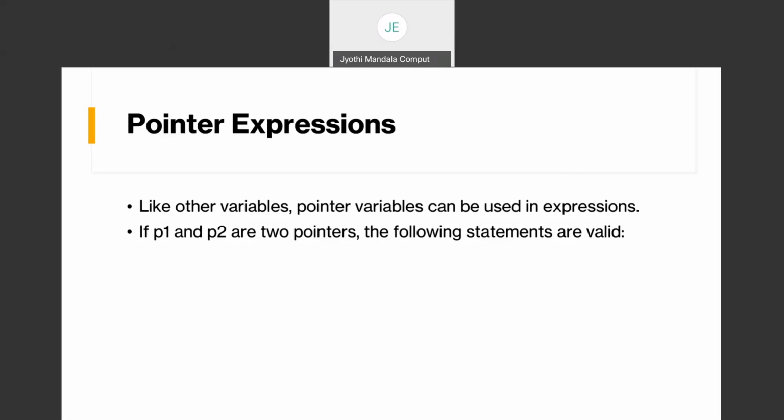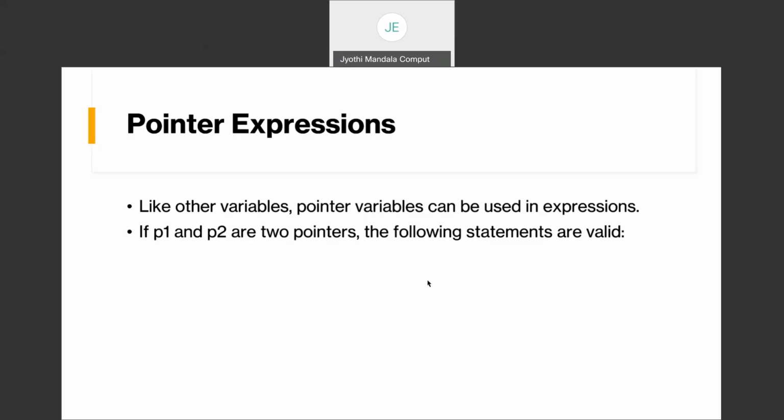Coming back here, a pointer expression is nothing but an expression in which you are using variables and also pointer variables. If you want to combine pointer variables into your expressions, what type of operators can be used, that we are going to learn today.